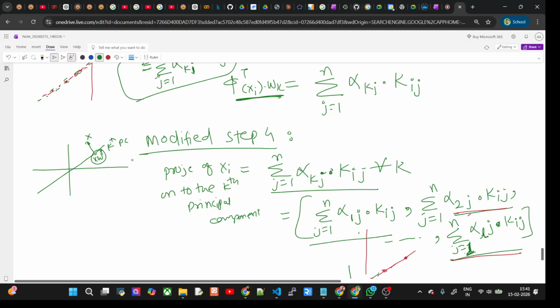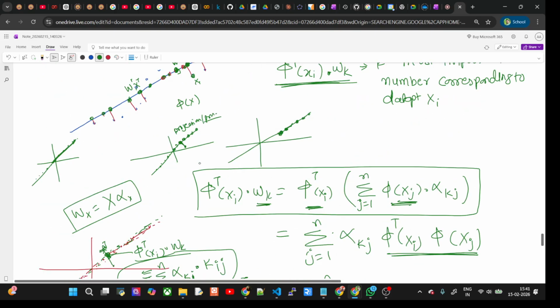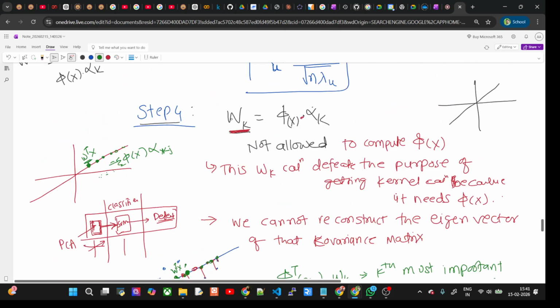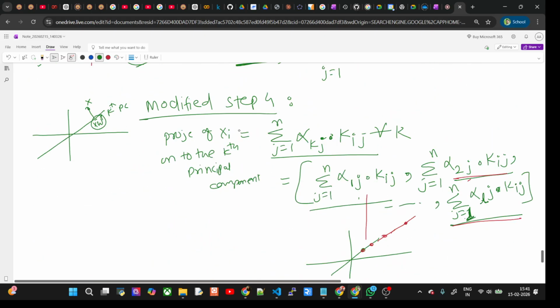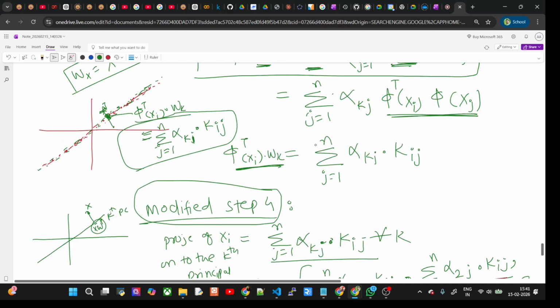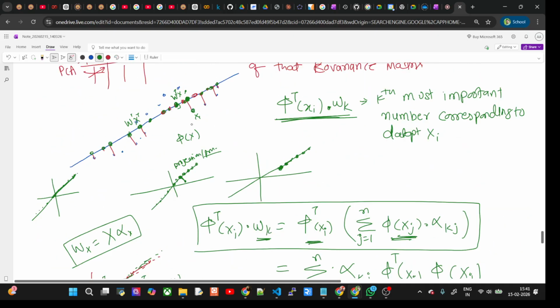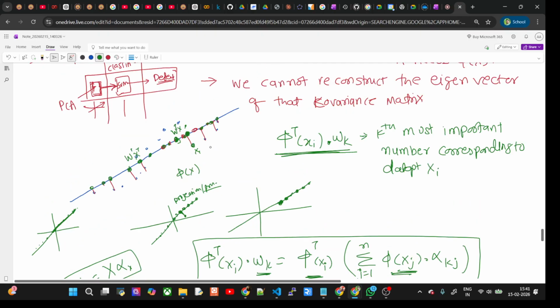This is modified step number 4, because our earlier step 4, the calculation of wk, is not allowed. You don't want this actual line. So instead of getting the line, you calculate the variance, and that variance is nothing but the calculation in this step number 4. How we got this modified step: every point is projected here, and this point is now phi of x.